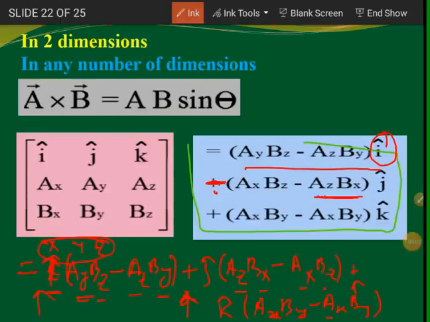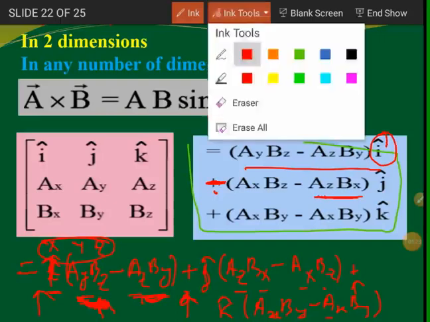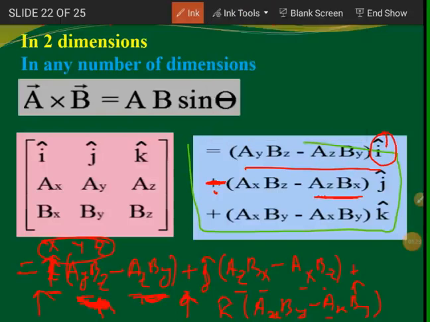Got it? And for the other term, you just interchange these two. Instead of AY, you write it as AZ from here. AZ, BY, you interchange these two, Y and Z. Similarly, here also, the unit vector here is for what?